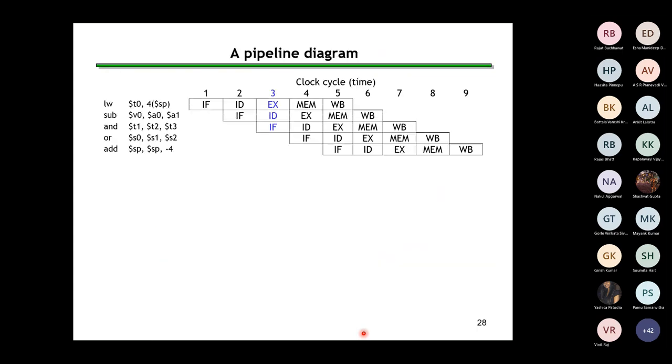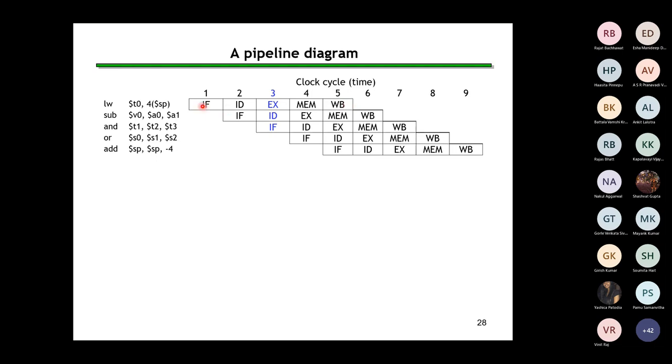Let us look into a pipeline diagram. Suppose these are the instructions I want to execute. We have load, subtract, and these are all R-type instructions. And suppose I have a multi-cycle implementation. In multi-cycle implementation, my clock cycle time is small, and in order to finish one instruction, I need 5 clock cycles.